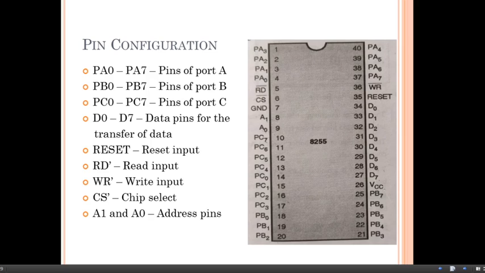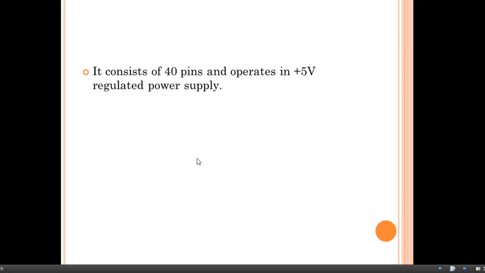And when A1 is 0 and A0 is 1, in that case port B will be selected. And if both the pins have the 1 signal, means A0 is 1 and A1 is also 1, at that time the control register will be selected. So these are the important pins of 8255.